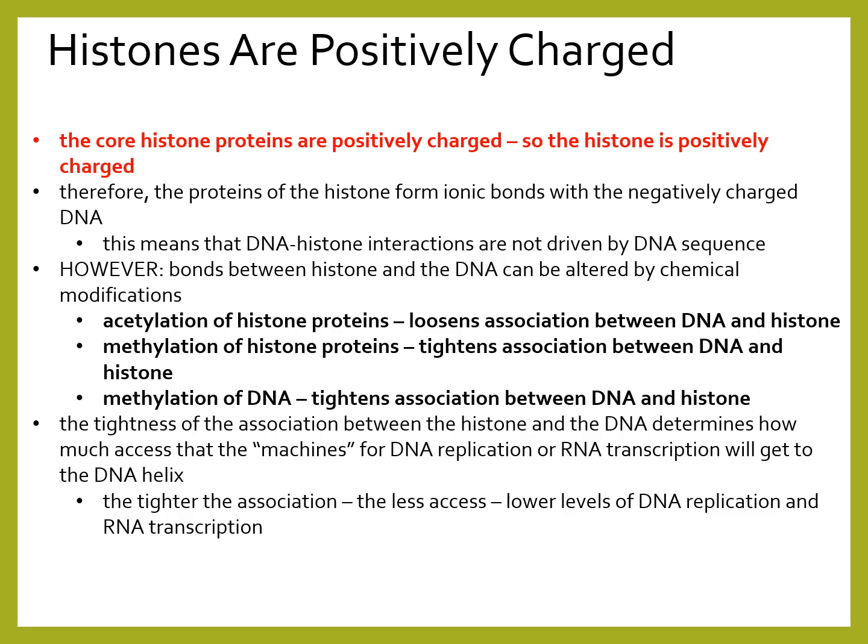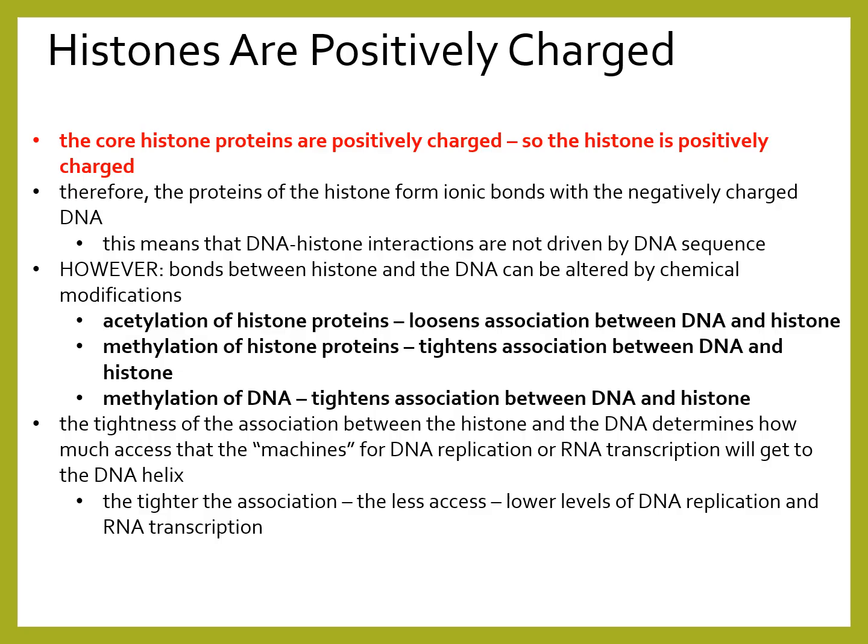And the reason why this is important is because the tighter you wrap the DNA around a histone, the less accessible it is. In order for things like the DNA replication machinery or the RNA transcription machinery to do their job, they have to bind to DNA and move along it. And that's going to be really, really hard if that DNA is attached to a histone.